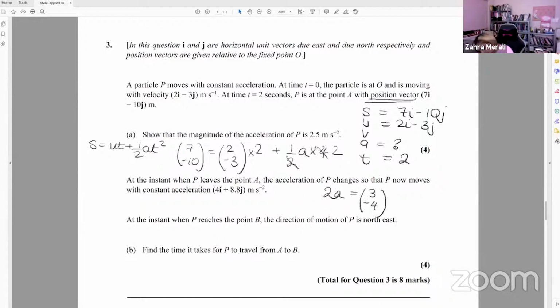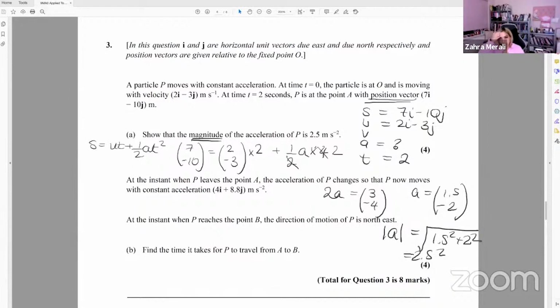So that's going to give you a equals 1.5i minus 2j. But we want the magnitude, which means you want to Pythagoras it, or find the modulus of it. So that's just going to give you the square root of 1.5 squared plus 2 squared, which gives you 2.5 meters per second squared, as required.